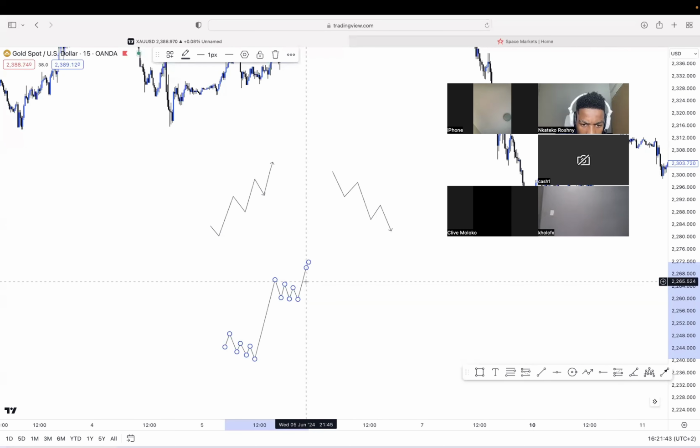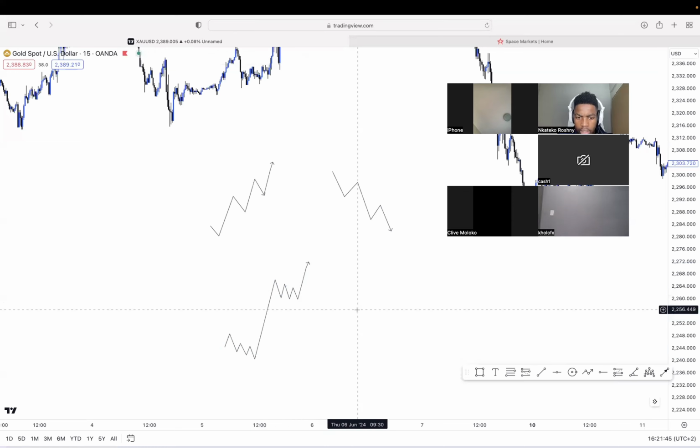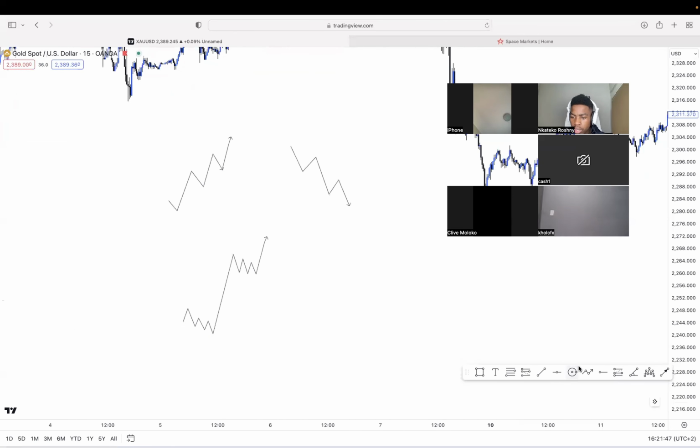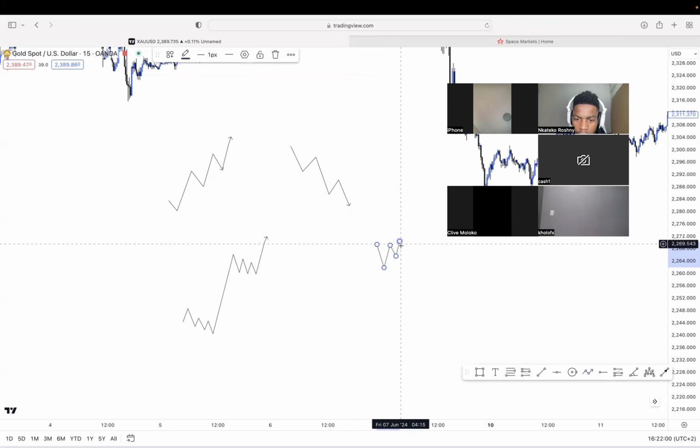This will be for the buy side, obviously. And for the sell side, you'll be finding the market doing something like this. They will be giving you a young correction like this, right?